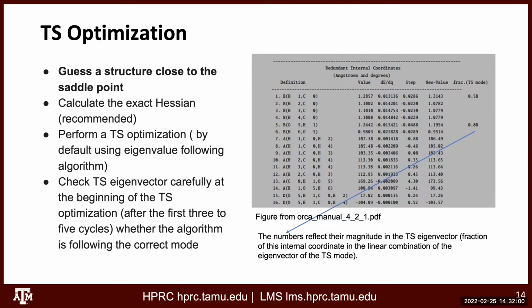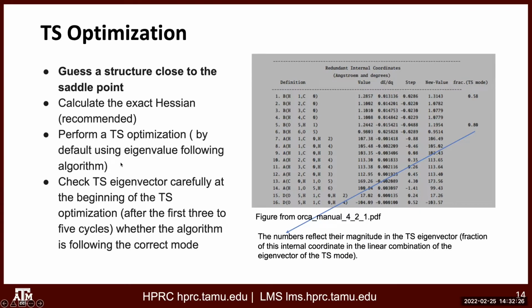So of course, the distance between the oxygen and hydrogen changes a lot during this abstraction. So it has a large number here. That means we're looking in the right direction.